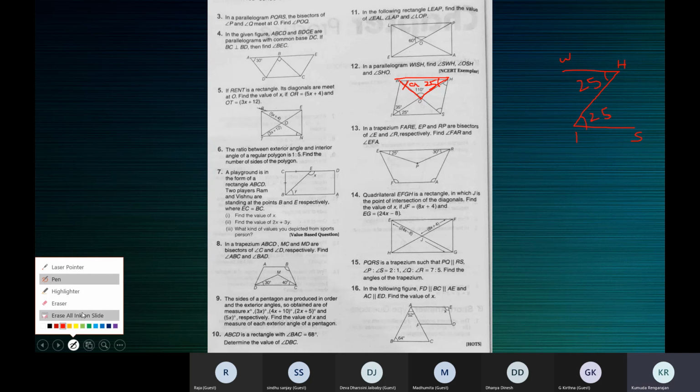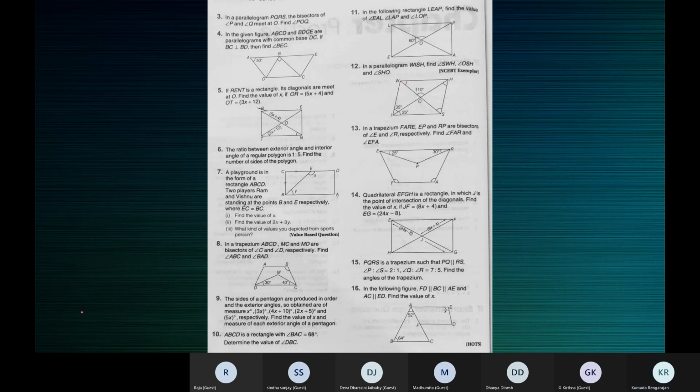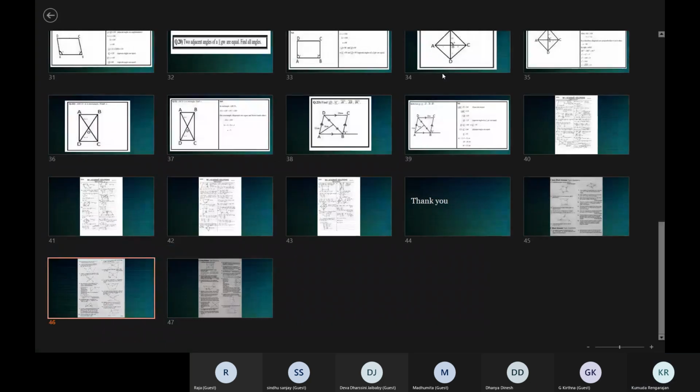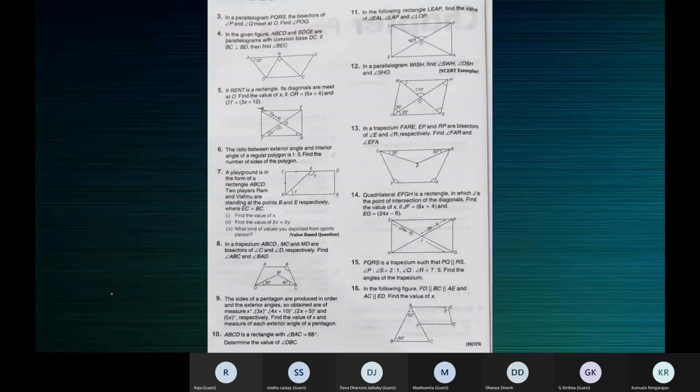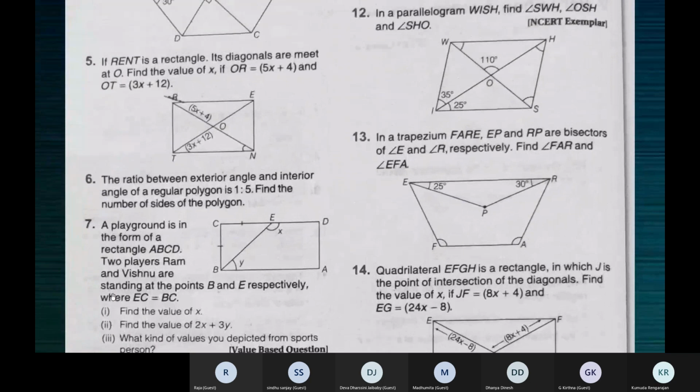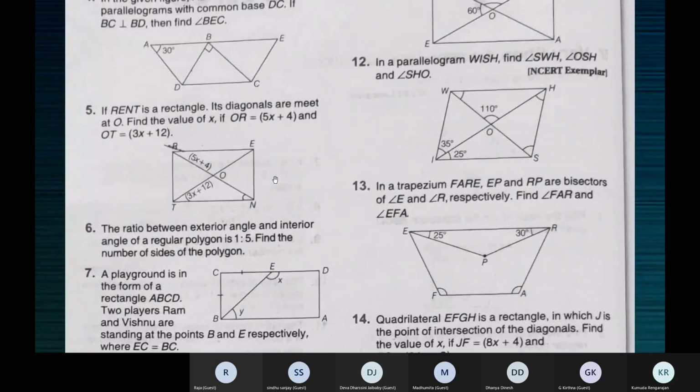Yeah, what's the next one? OSH. Ma'am, W is not equal to S, no, ma'am.